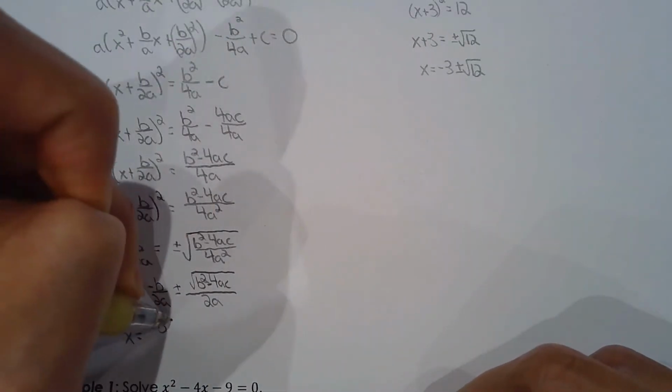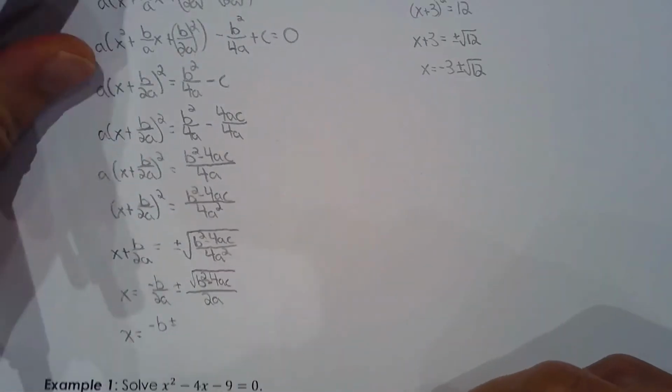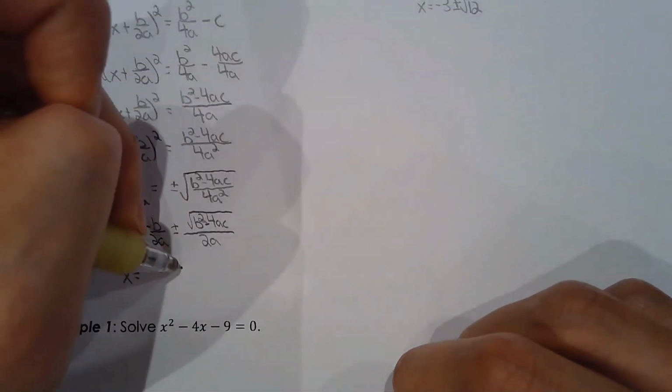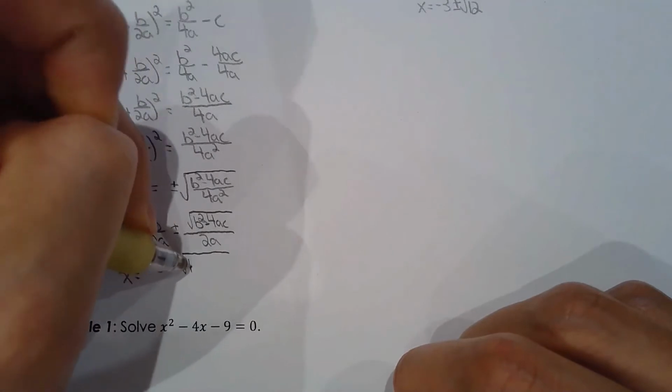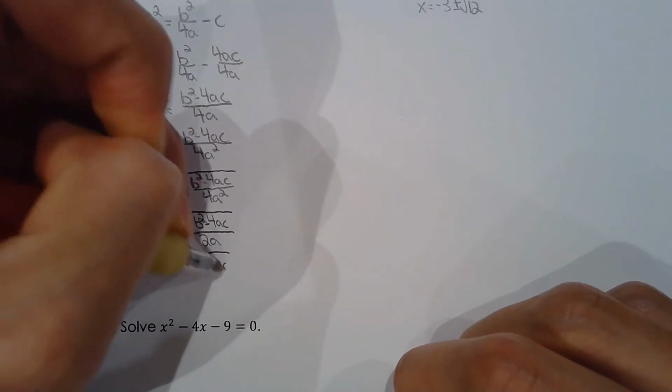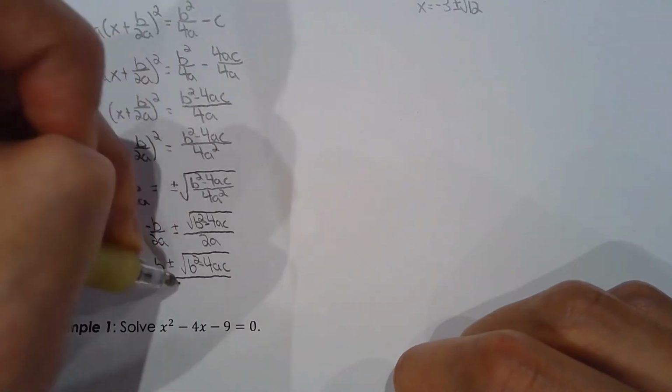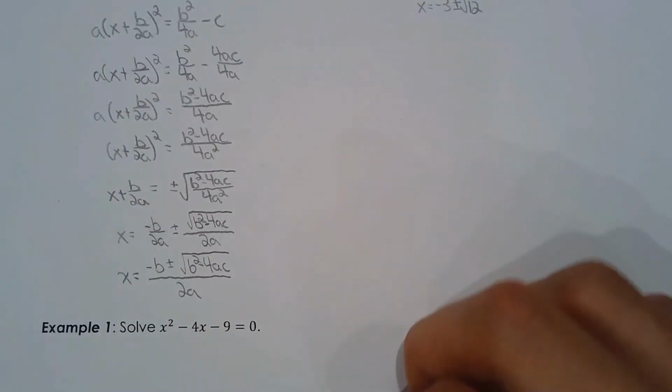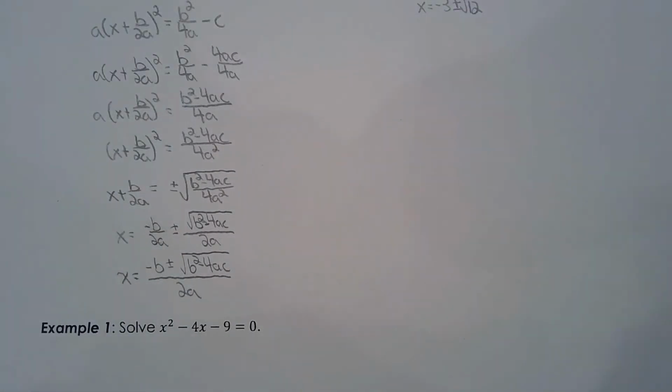Negative b plus or minus the square root of b squared minus 4ac all over 2a. So what does the quadratic formula allow you to do?